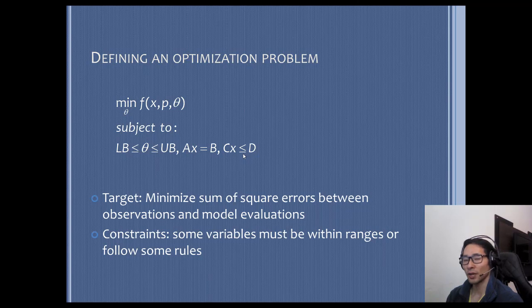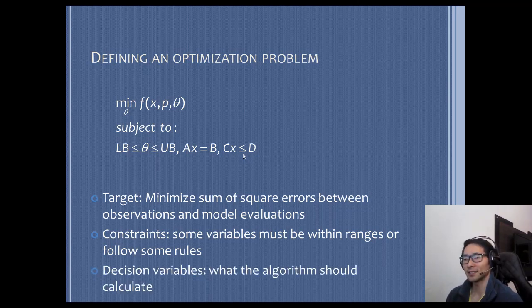So for example, when we try to solve the future value formula for time, we might want to impose a condition. We want our answer to be an integer or an integer number of years. We don't want fractional values. So this would be a constraint to the optimization problem.